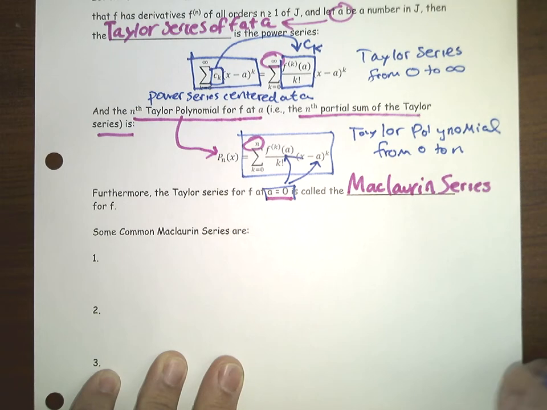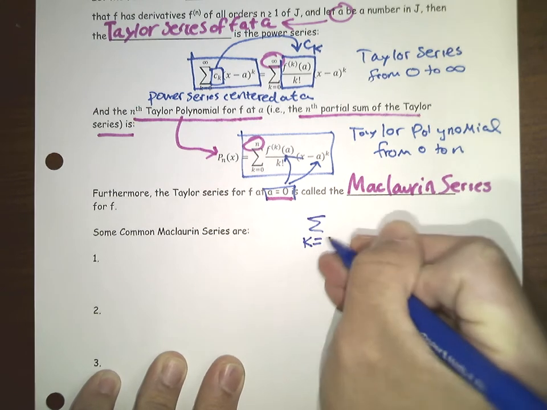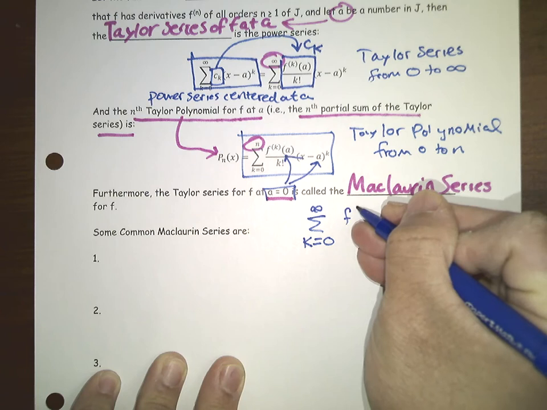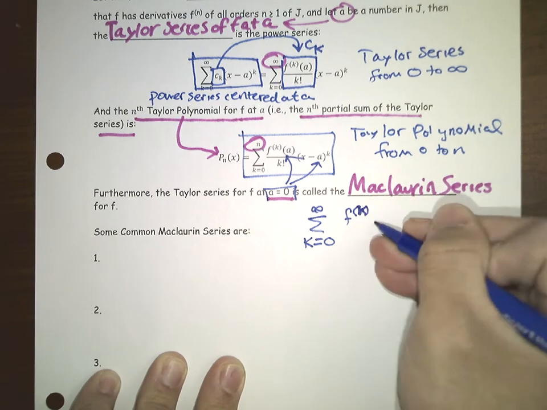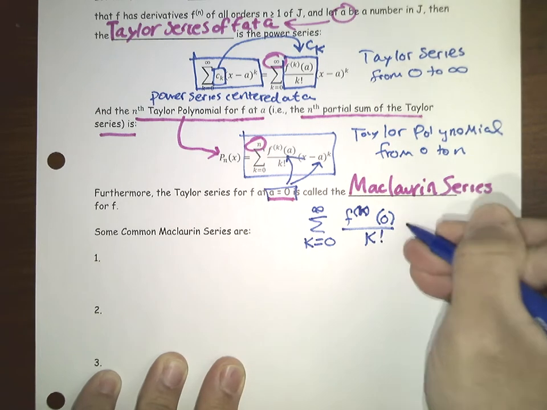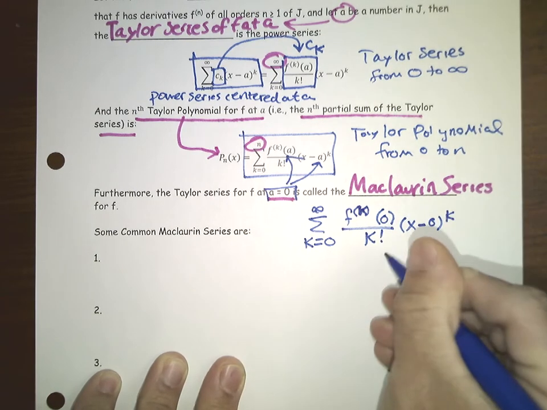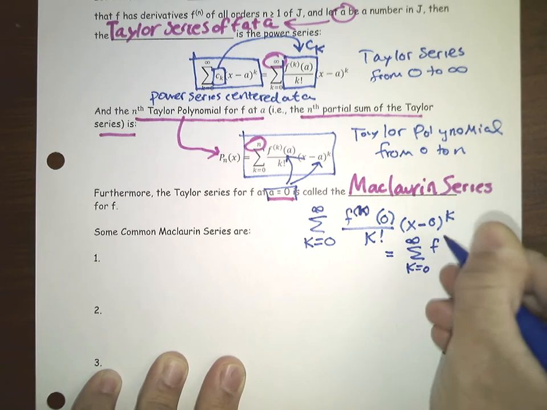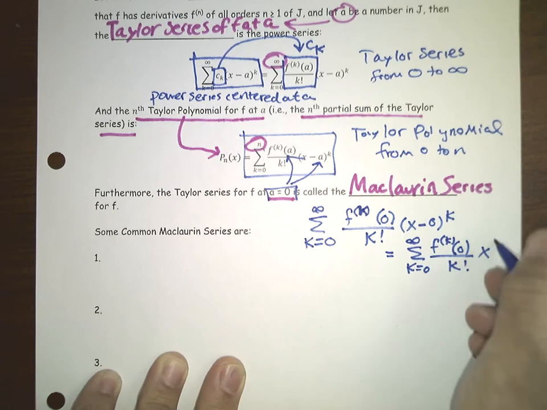Okay, so that would be sum k equals 0 to infinity of the kth derivative of f at 0 over k factorial times (x minus 0)^k, and so that will be equal to sum k equals 0 to infinity of the kth derivative of f at 0 over k factorial times x^k.